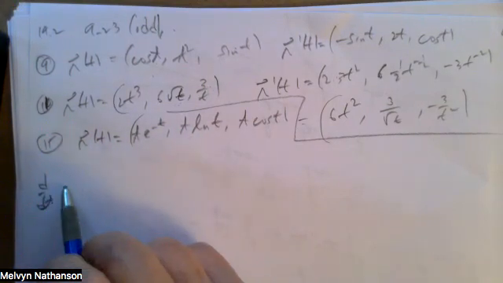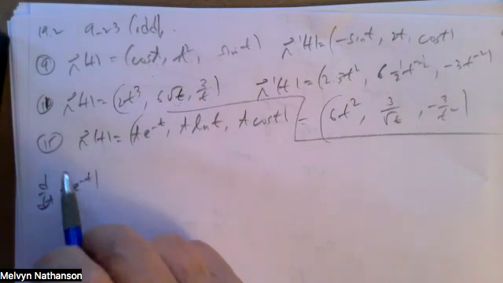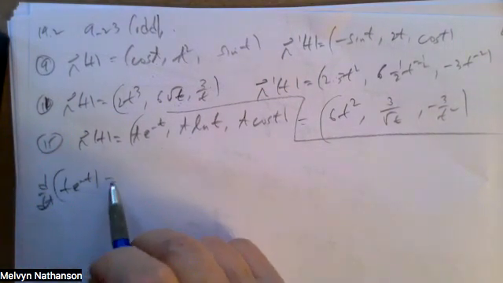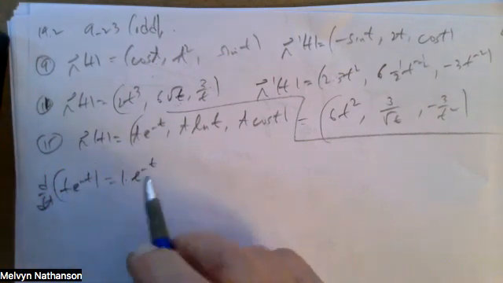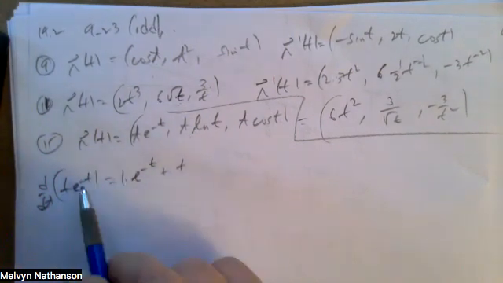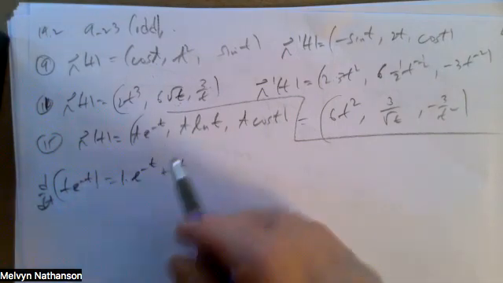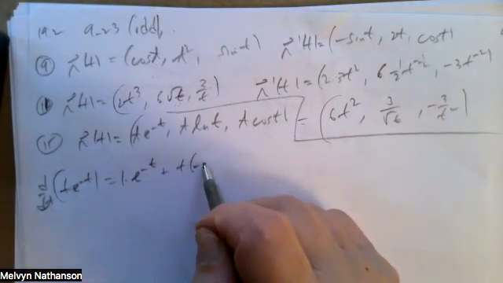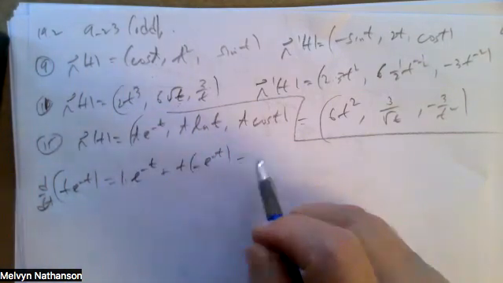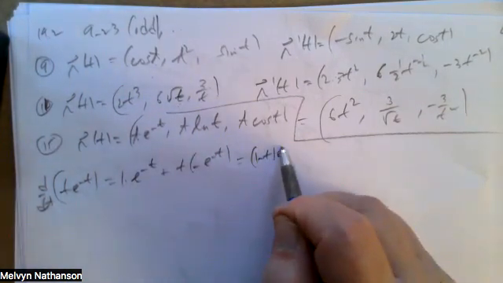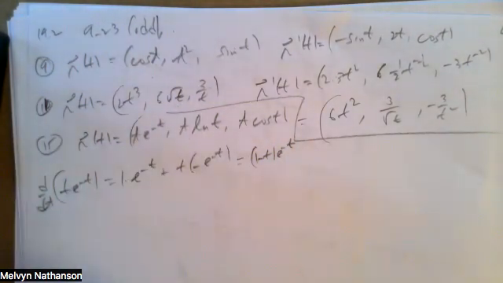The derivative of t e to the minus t, by the product rule, is the derivative of t, which is 1 times e to the minus t, plus t times the derivative of e to the minus t, which is minus e to the minus t. So this is 1 minus t, e to the minus t.